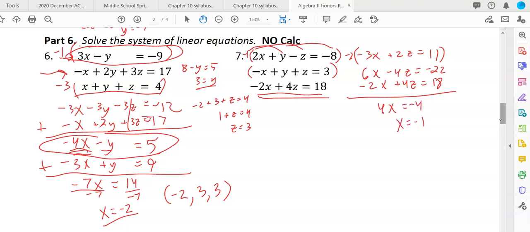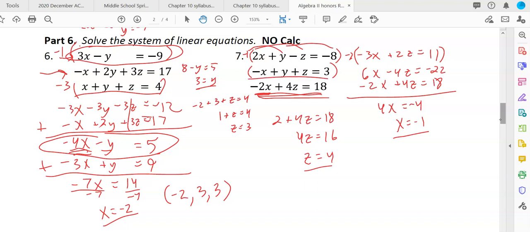This is nice. Plug that back into, say, this equation here, so I get negative 2 times x is positive 2 plus 4z equals 18. So 4z equals 16. So z equals 4. Got two of the answers. And the third one, let's plug it into this equation.